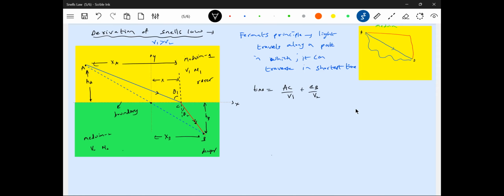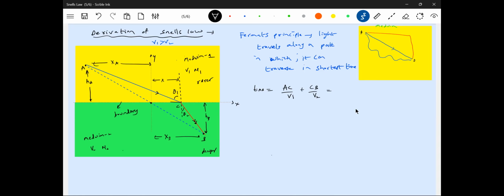What is AC further? We have a right angle triangle. Are you looking at this one? This will become the hypotenuse. This is XA, no?